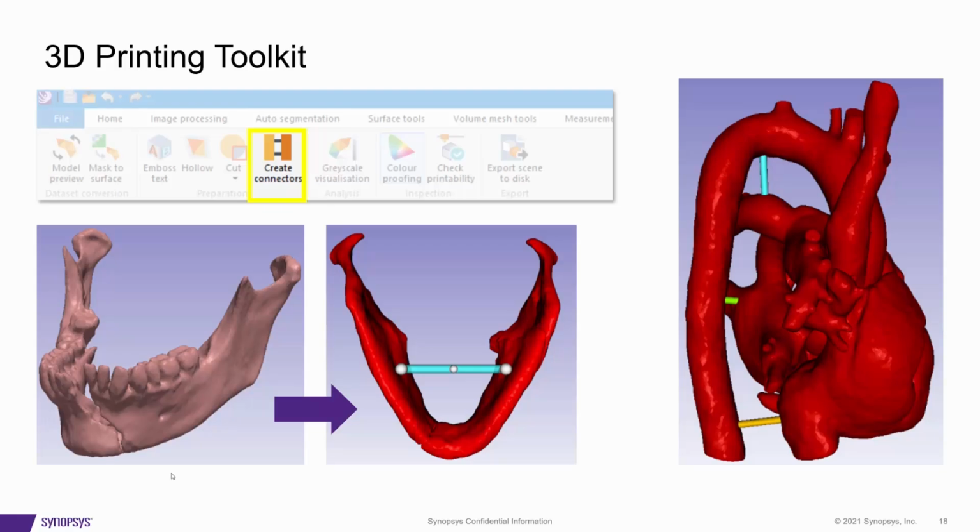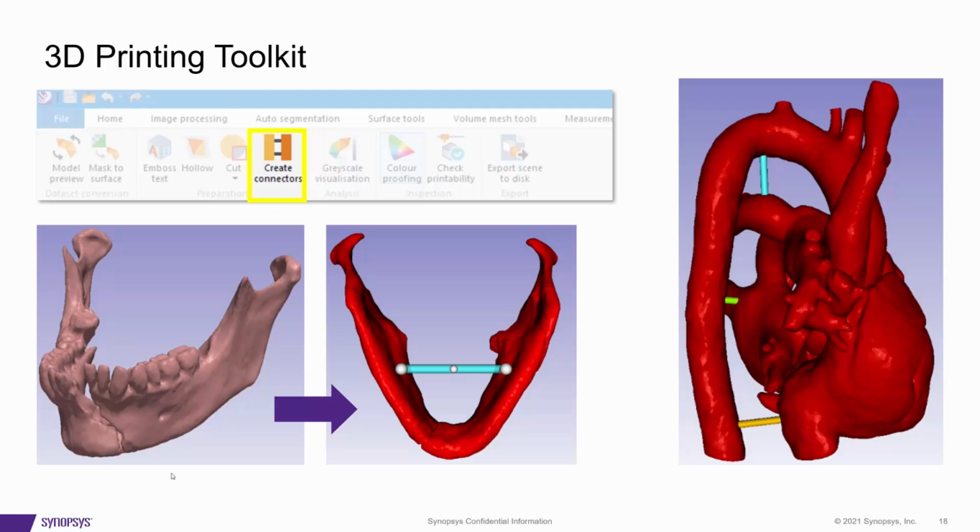We know when we print it that it's quite unstable, and if you're handling it or posting it or sending it in various ways, then we need to add some connectors to strengthen the print. So we can use a nice tool, which in a couple of clicks, adds these connectors. And then again, you can either trim it or leave the overlap depending on the 3D printer technology you're using. Some prefer overlaps, some prefer trimmed connectors so there's no overlap.